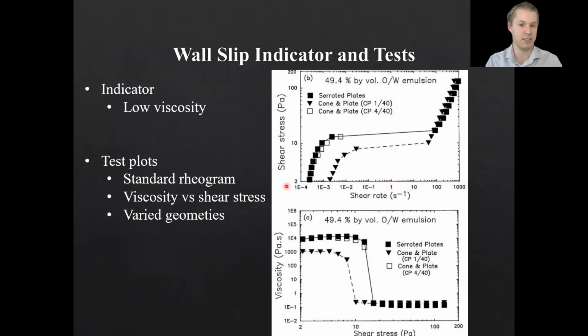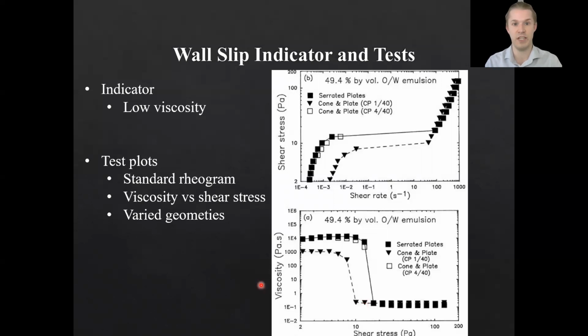We can go back to our classic rheograms for our shear stress versus shear rate and see that sudden spike in shear stress. That is an indicator of wall slip. We can also look at our viscosity versus shear stress curves. And again, we can see that sudden drop in viscosity on these curves, again, showing us wall slip.